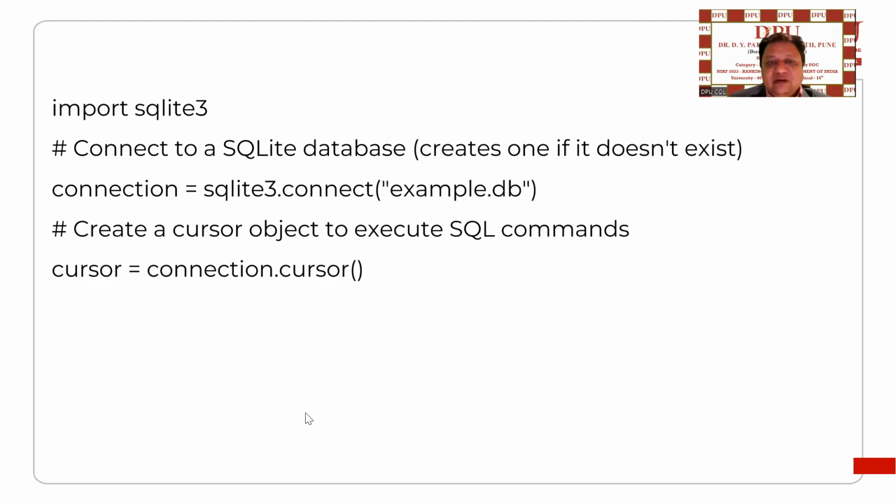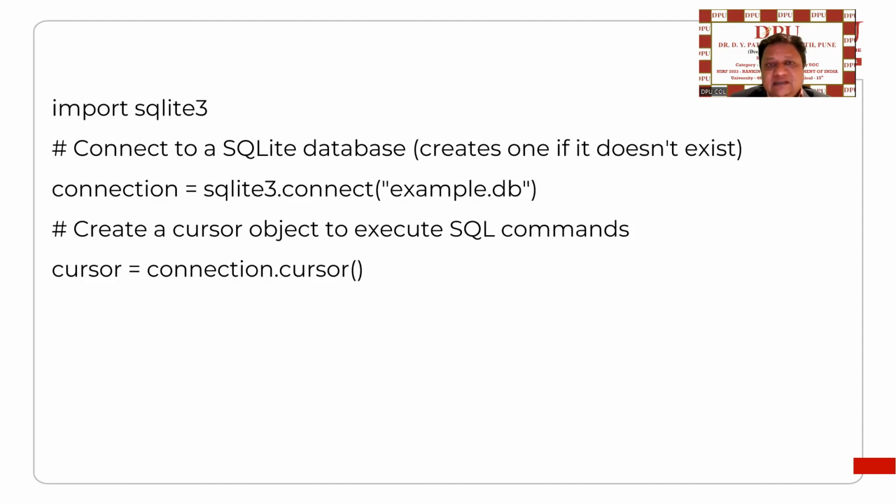This connect method accepts one parameter, that is the name of the database, which I need to provide in double quotes. So connection is my object name, equal to sqlite3.connect. In the bracket, I am specifying the database that I want to connect to.